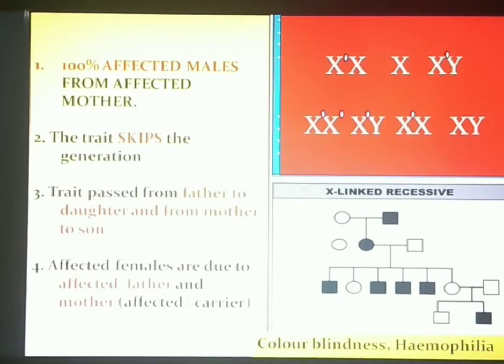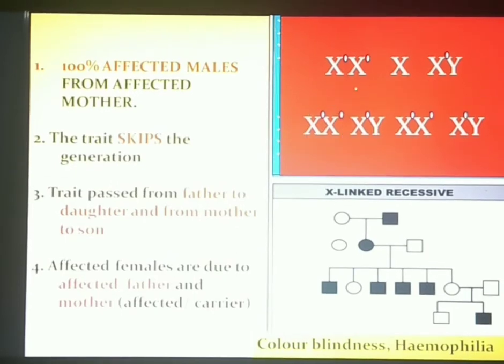And the female offspring will be affected only if the male parent has the disease and the mother should at least be a carrier of the disease. Then only females will be affected here.